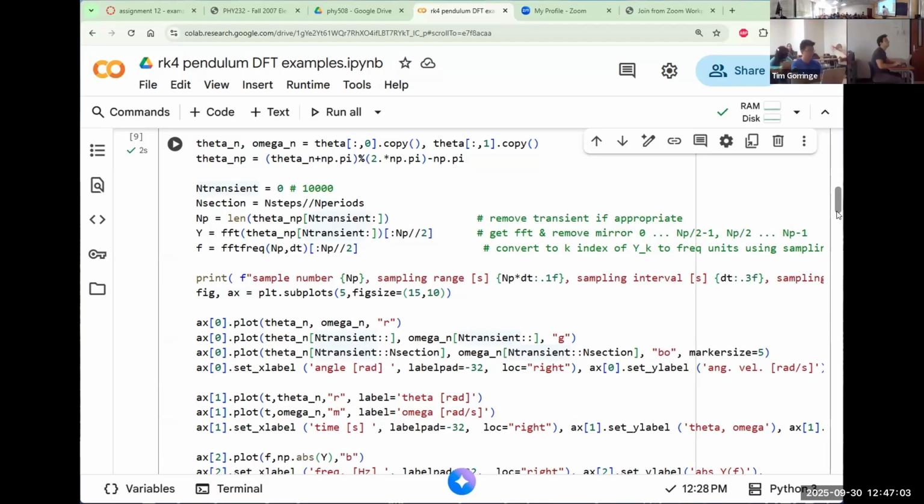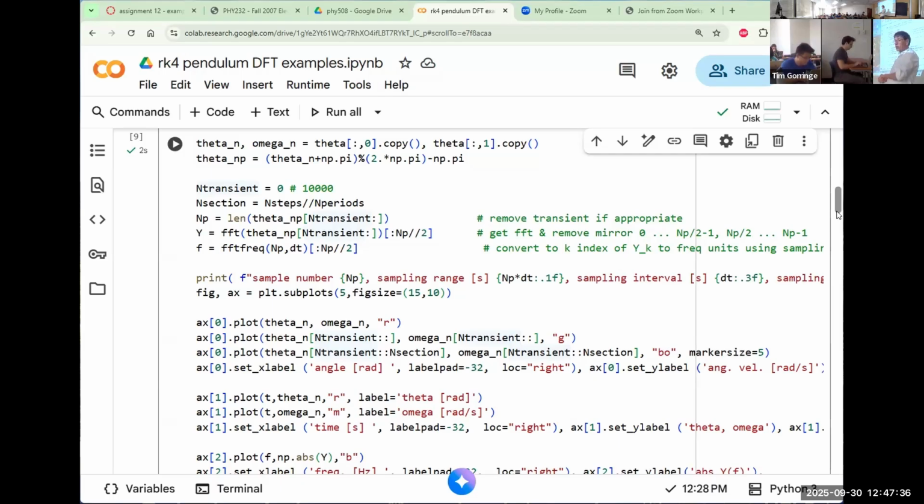We're then going to calculate the Fourier transform of that data, of that solution. This is new code here. I'm setting myself up with this variable, n transient, to just, if I choose, calculate the Fourier transform of the data after some initial transient has elapsed.